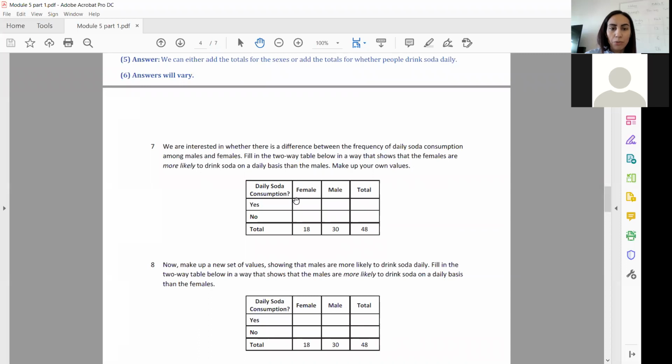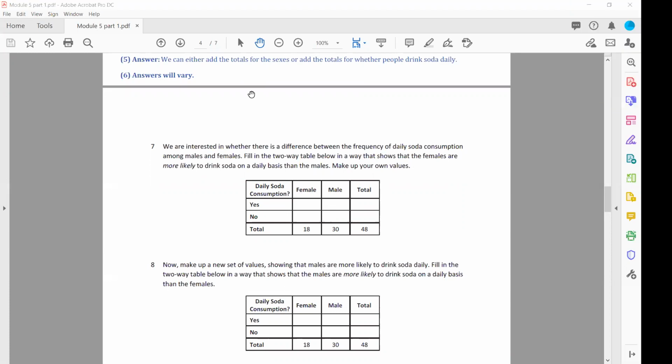So the probability of drinking soda for females must be higher than the probability of males drinking soda. How do we do that? It means that the fraction for female yes must be greater than the fraction for male yes.